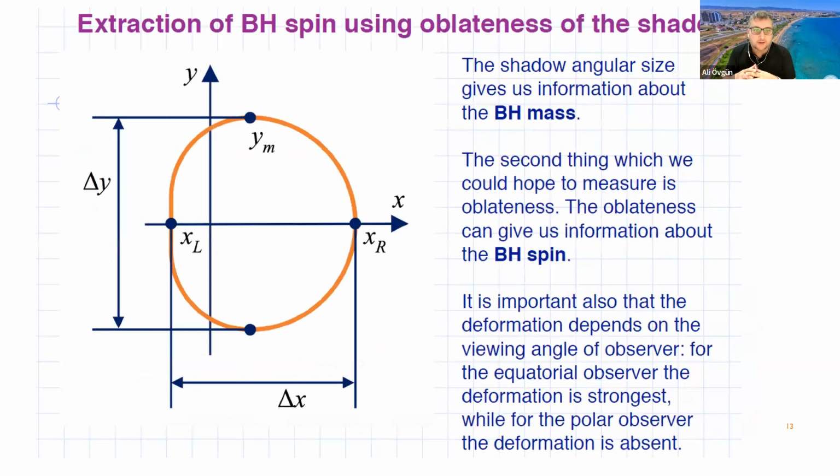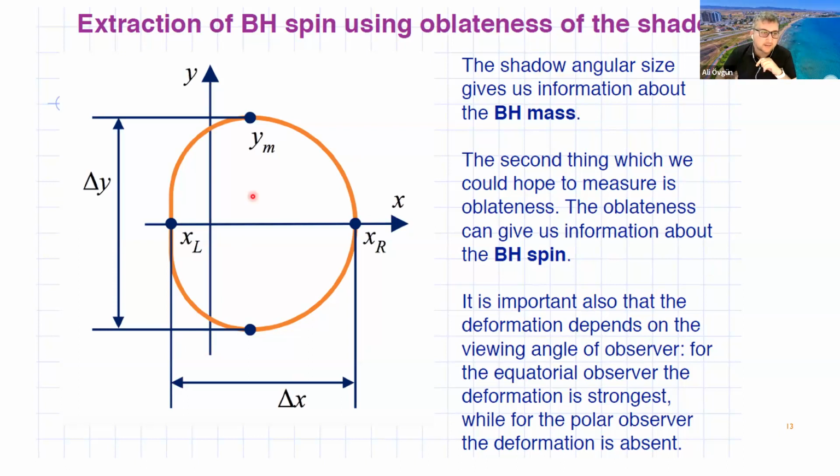But if you go to rotating black holes, how can you estimate the other parameters? Extraction of black hole spin uses the oblateness of the shadow. The shadow angular size gives us information about the black hole mass. But the second thing which we could hope to measure is the oblateness, and the oblateness can give us information about the black hole spin.